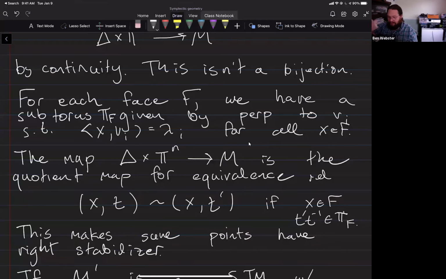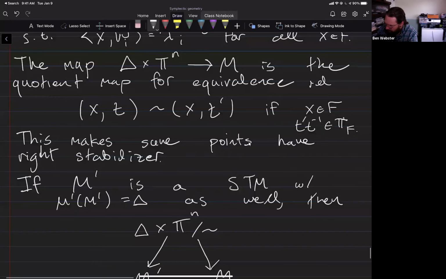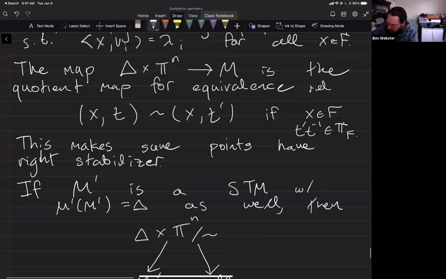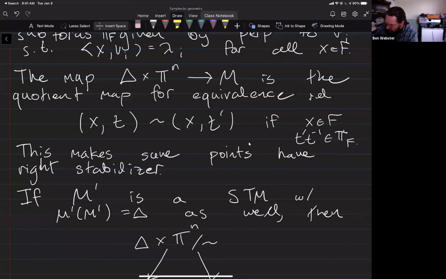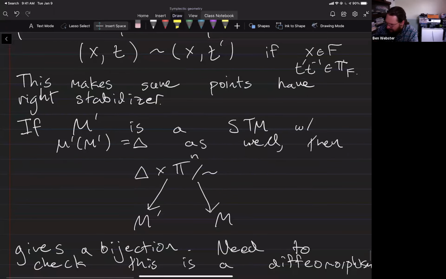So I'm essentially forcing by hand points to have the right stabilizer. On each fiber, I mod out by the action of the group that's supposed to be the stabilizer. So this means that this map down to here is now a bijection.